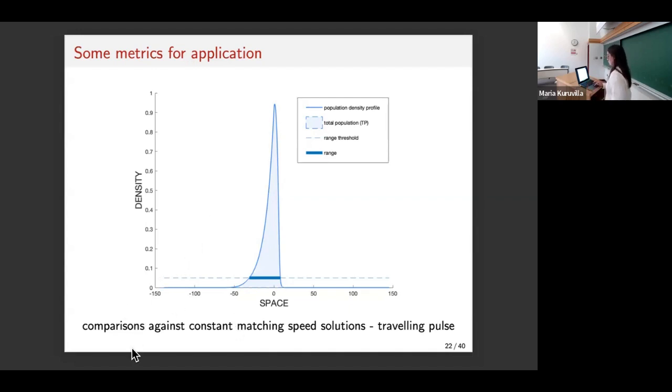And additionally, I'm going to often make comparisons against this constant matching speed case. Okay, so as before, when I made the comparison in abundance for stationary versus moving, I'm now going to say, let me start with this moving constant matching and then use that as my initial condition and then change it by introducing a different movement of the interface.